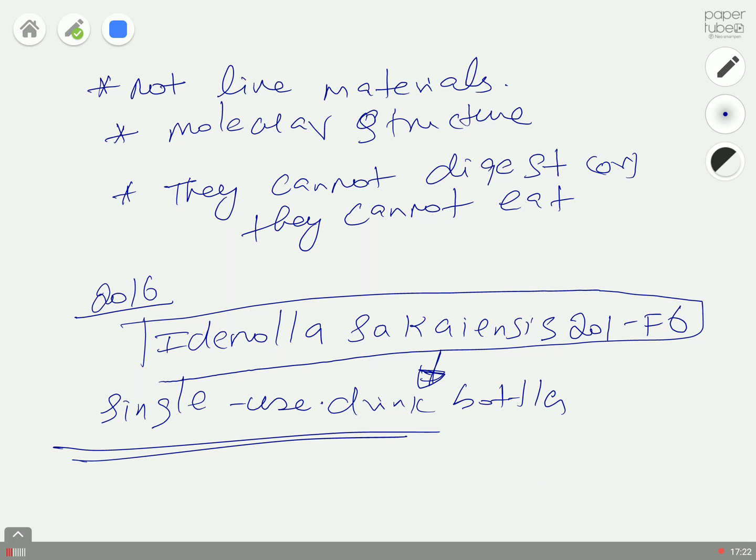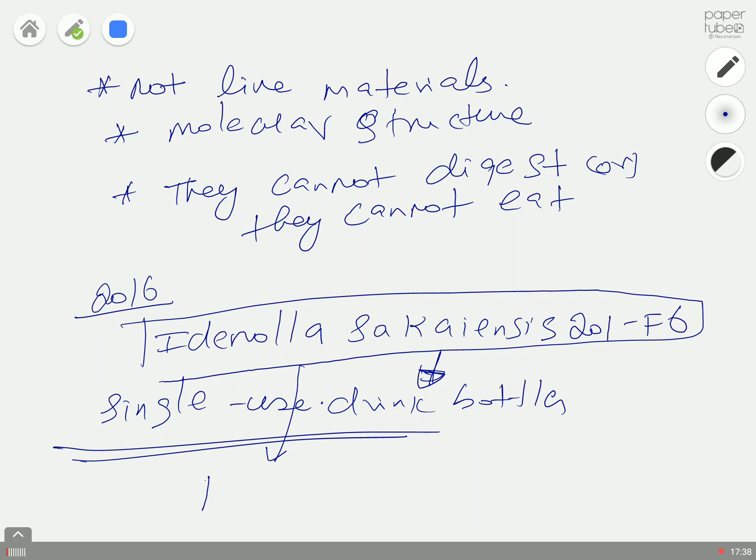So what does that mean? They wanted to know how this is happening, and they figured it out. This bacteria secretes an enzyme, a type of protein as I said.